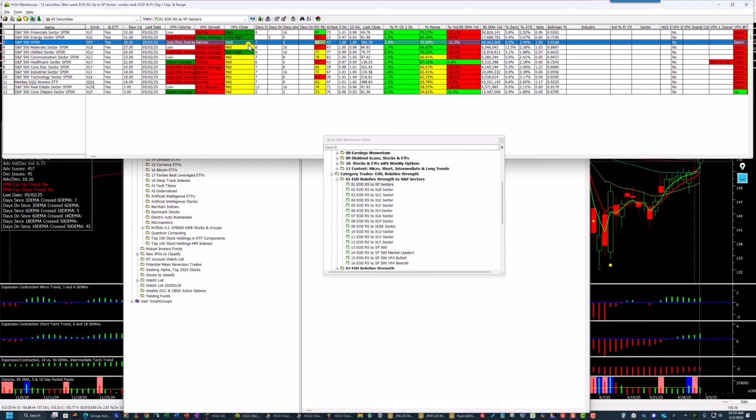And look at this, the spider crossed over 7 days ago also, so that corresponds exactly with the S&P 500. Now what I've done is I've added a few more scans here.